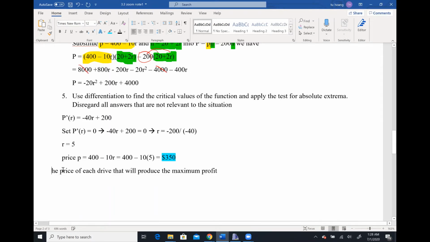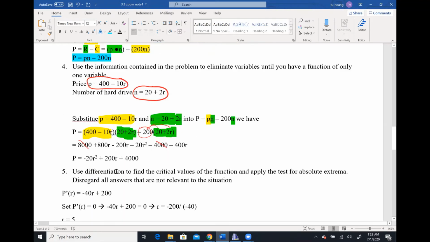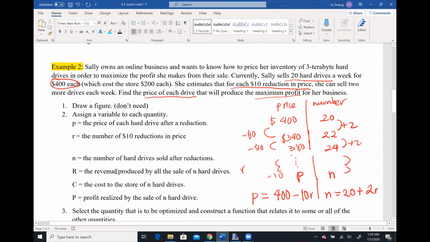The price of each slide has to be 350 that will produce the maximum profit. Okay, and I'm done for this part. I'm not sure if there's anything else. Okay, yeah, that is the answer.